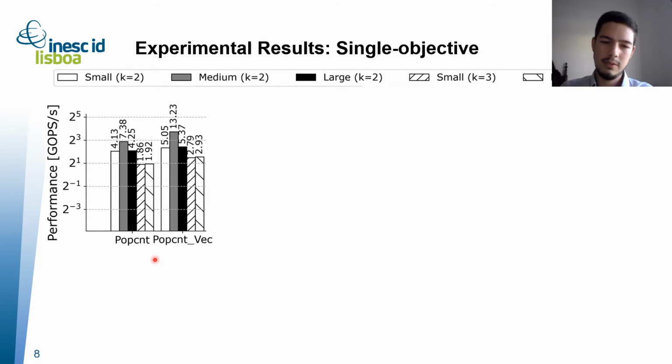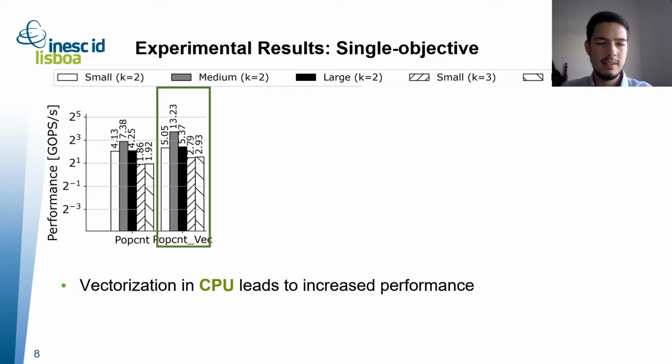After that, we have the population count based algorithm running only in the CPU with vectorization enabled. This allows us to compare the effects of vectorization, and looking at these results, we can conclude that using vectorization in the CPU will lead to increased performance.